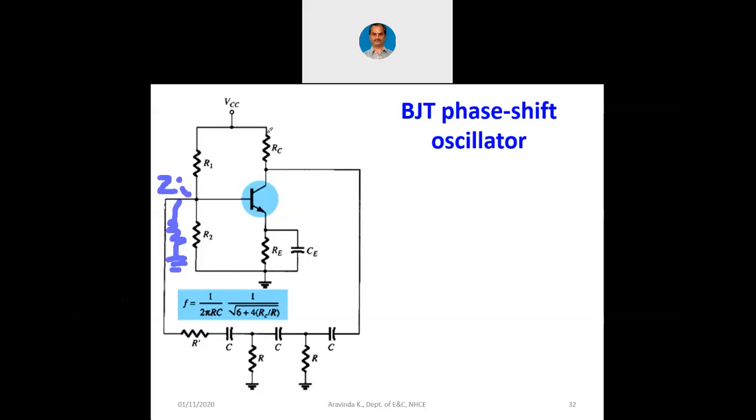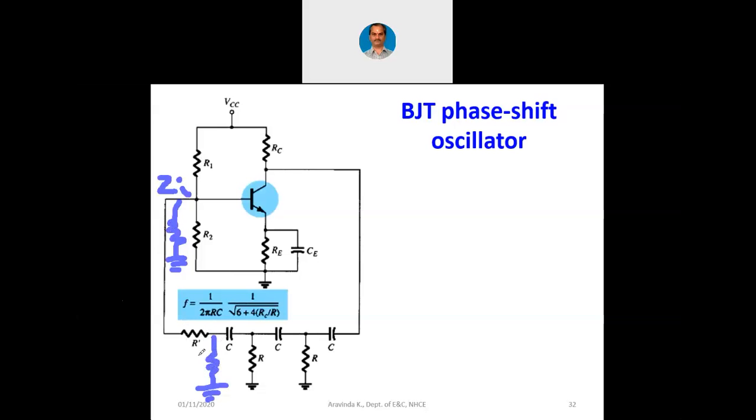This is the impedance of this whole circuit, the impedance of the whole amplifier. Now you can see, if at all we connect one R here, assume this R dash is not there. If at all we connect one R here, now this R is going to be coming in parallel with Zi.